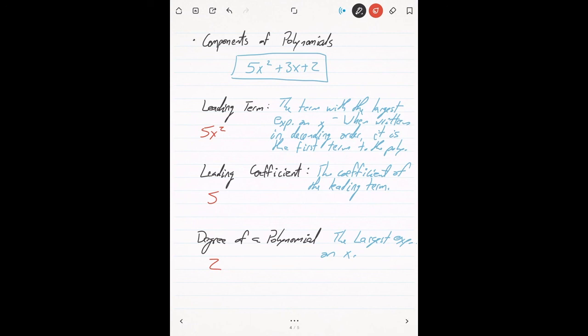In particular, it tells you information about the shape of the graph. And the leading coefficient really tells you a lot about the dimensions, the size of the graph. So these are some things to keep in mind as we start working through different types of polynomials and how we can go ahead and interpret them.